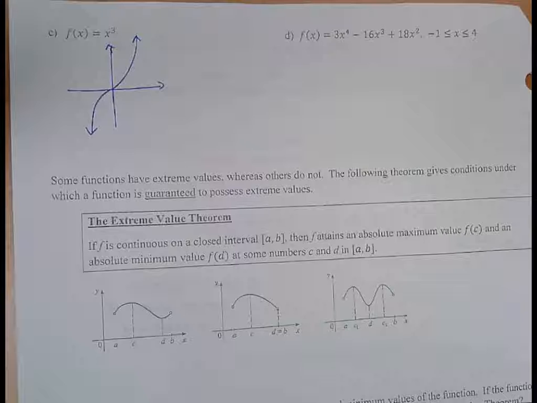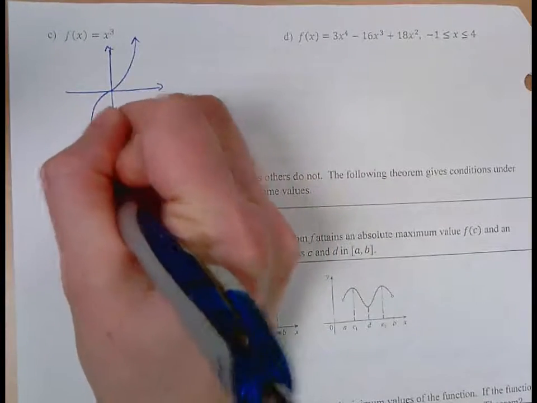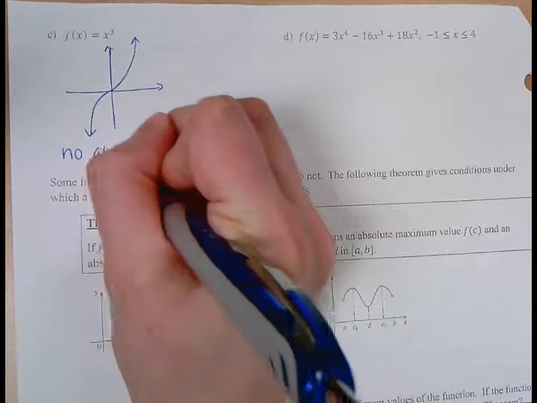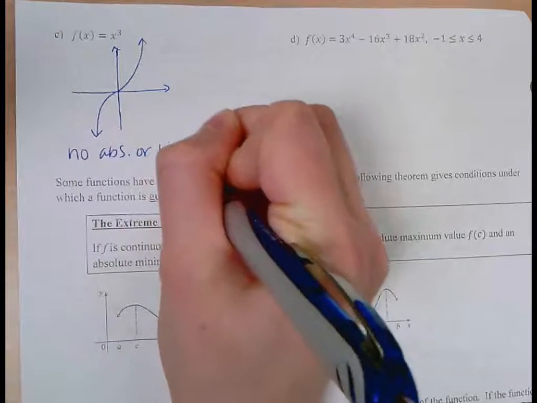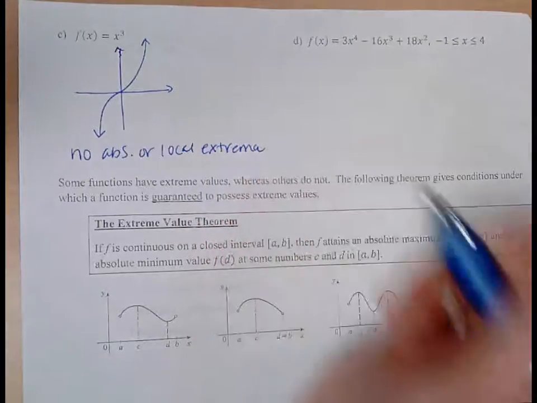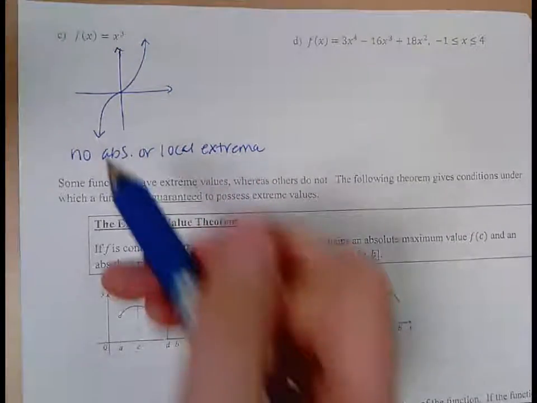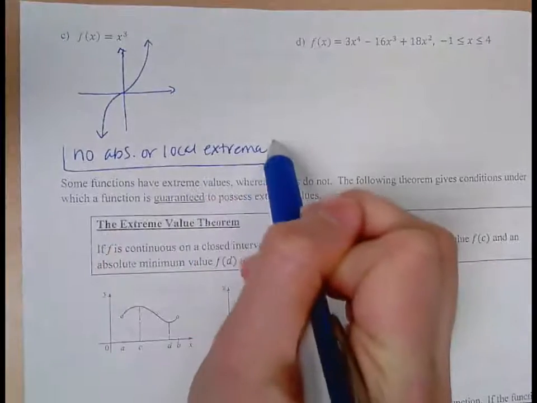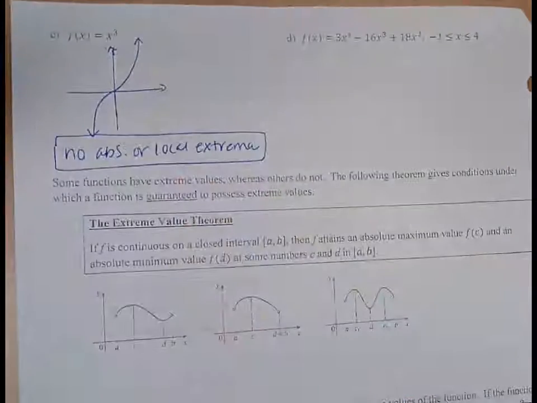So there isn't a local max or min. Is there an absolute max? No. Absolute min? No. So you could say this then, no absolute or local extrema. Fancy vocab there.